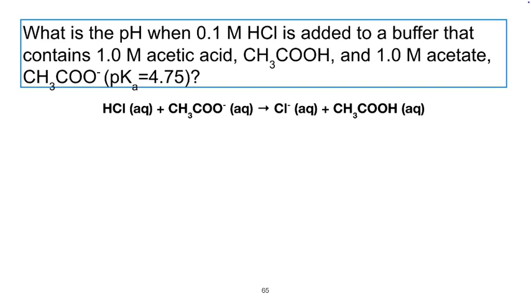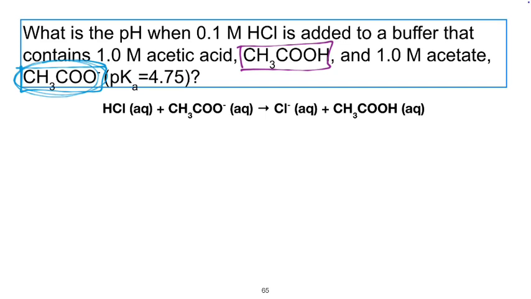So we could look at our buffer system and ask where we have something that would react with a positive. There's no negative written in that one, but there is a negative written there. The HCl will now add hydrogen to that species, which means what happens to the concentration of the acetate?